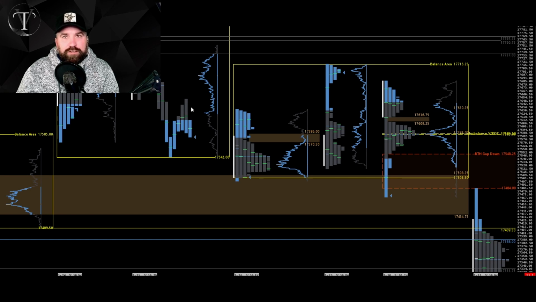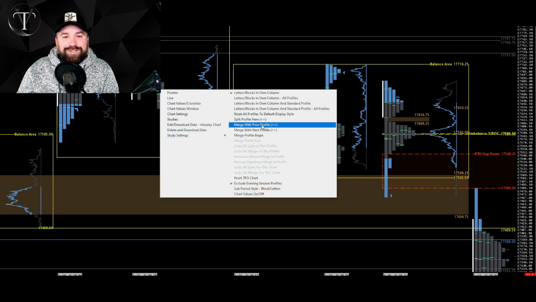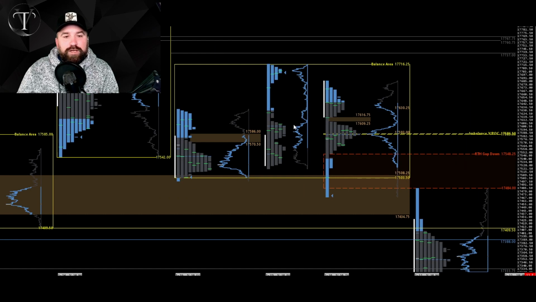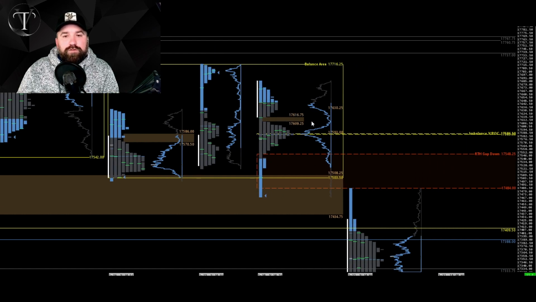I would say single prints on a TPO chart matter more to me than a fair value gap, just because of what it takes to create single prints, which would be much less trading through an area than a fair value gap.